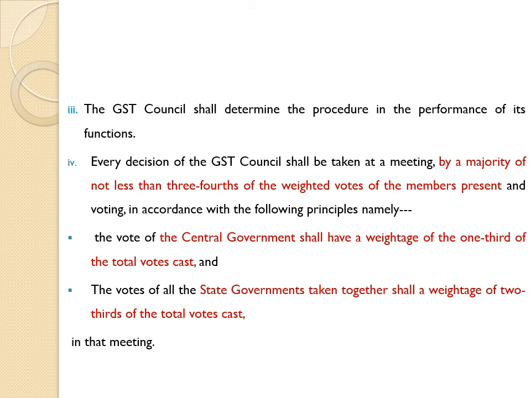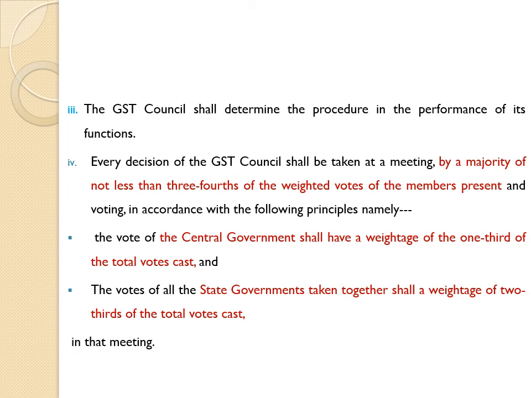The vote of the central government shall have a weightage of one-third of the total votes cast, and the votes of all the state governments taken together shall have a weightage of two-thirds of the total votes cast in that meeting. It means that there is a difference in weightage.